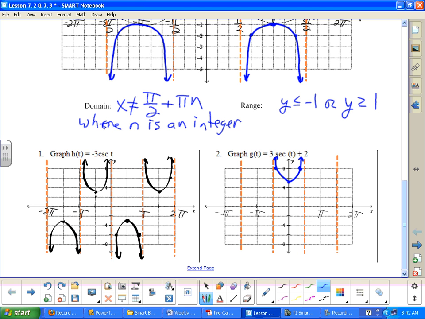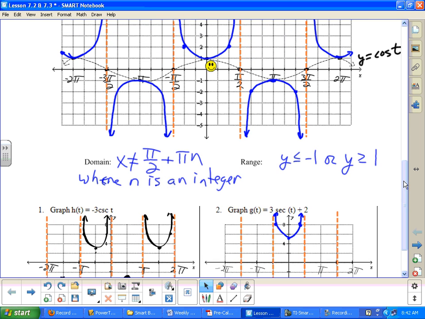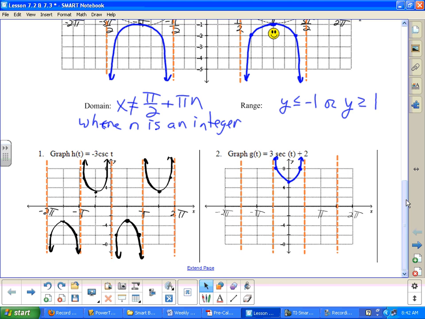Now that's a little bit harder, right? So if we look at the negative ones, here we have -1 here at pi, right? What do I get when I multiply -1 times 3? I get -3. And -3 plus 2 is -1.